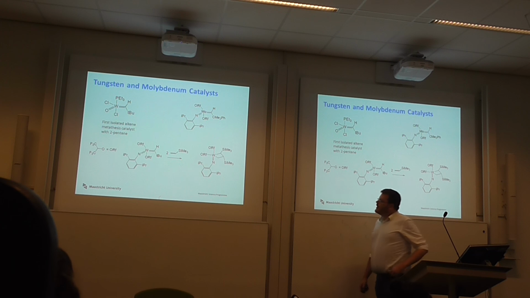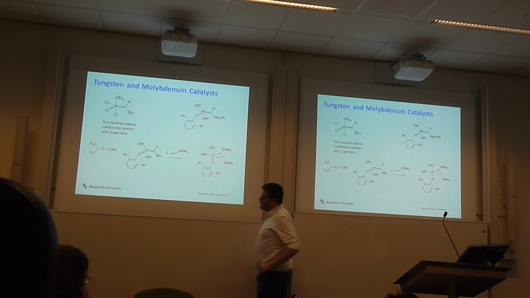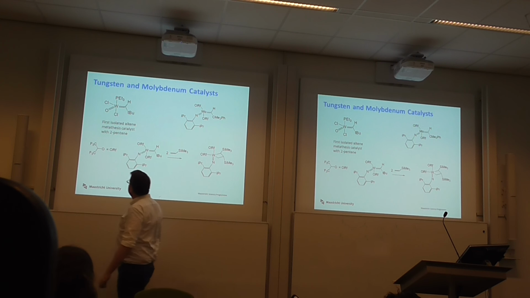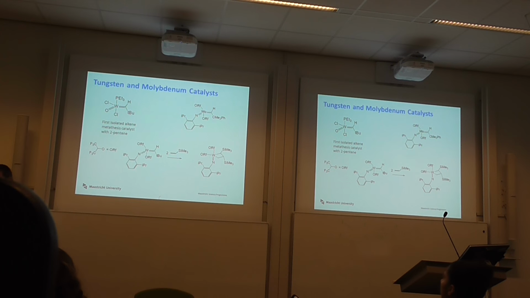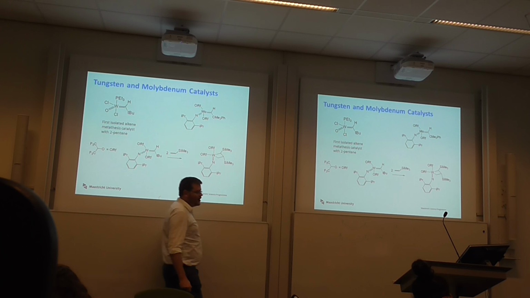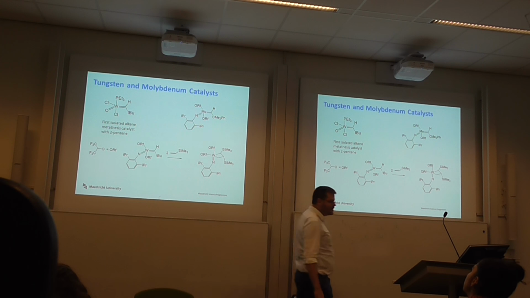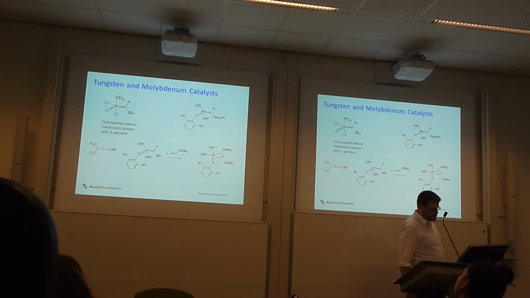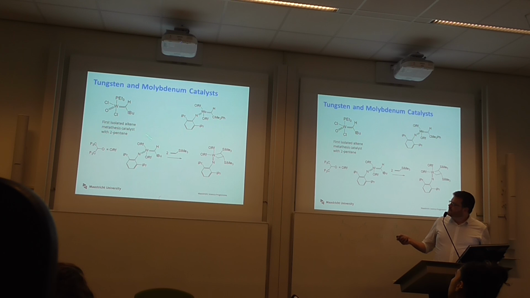Now, here we have a couple of examples of active alkene metathesis catalysts, the ones that were sort of the first, well, certainly this was the first reported example by Schrock. So Schrock made this tungsten complex, and it's in a pretty high oxidation state, and he found that this tungsten compound actually does metathesis with 2-pentene, right?